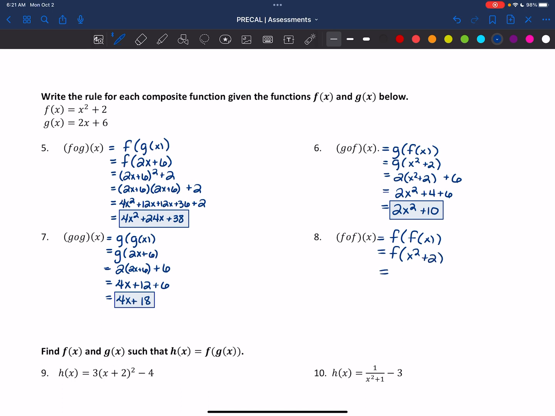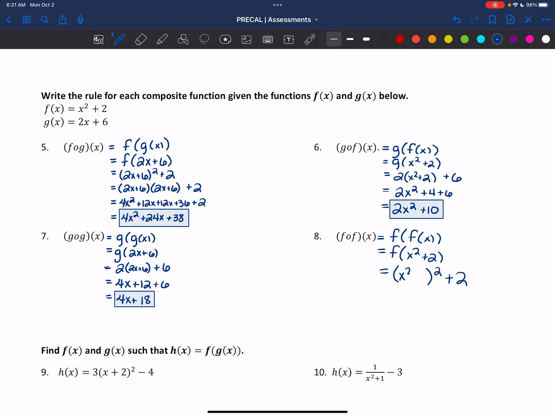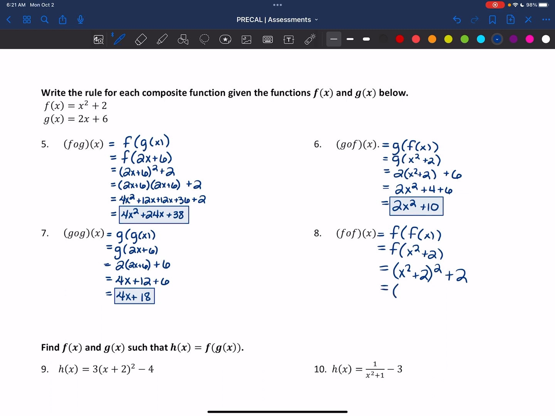So what does that mean we're going to do? We're going to take the input, square it, and add to it 2, because that's the rule for f, but we are going to let the input be x squared plus 2. Okay, so what does this mean? We're going to take x squared plus 2 times itself.